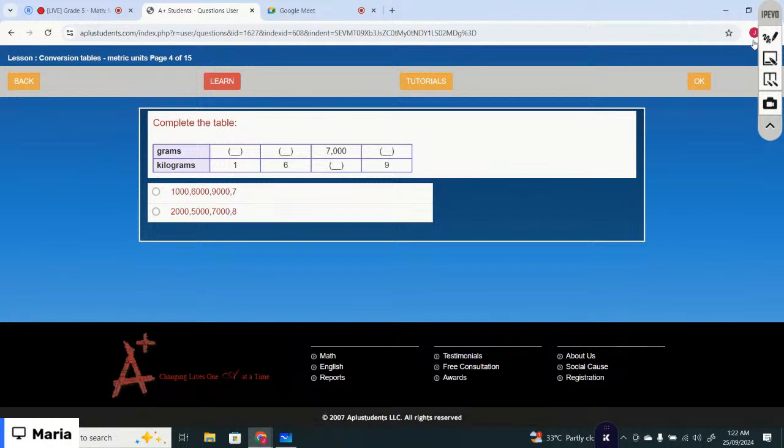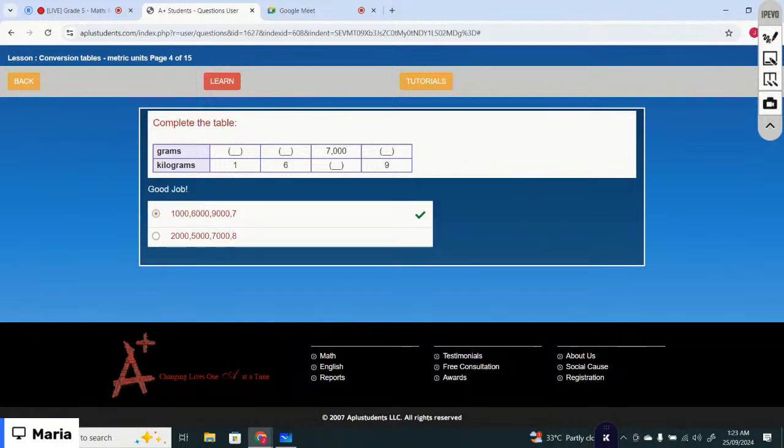The correct option is option number 1, that is 1000, 6000, 9000, and 7. Option number 1 is the correct option.